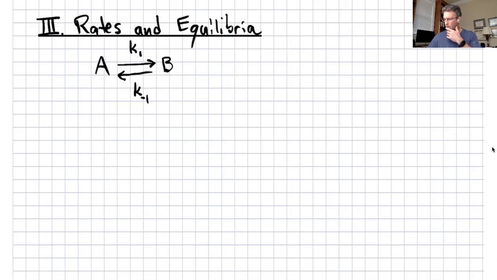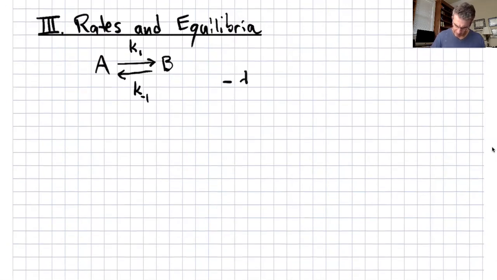Now what do we do? Well, let's think about it the way we started out, right? Which was we're thinking about how much A we've got per unit time. Remember, the way we started out before, we got the rate at which the concentration of A decreases with respect to time. That's how we started. So we're comfortable there.